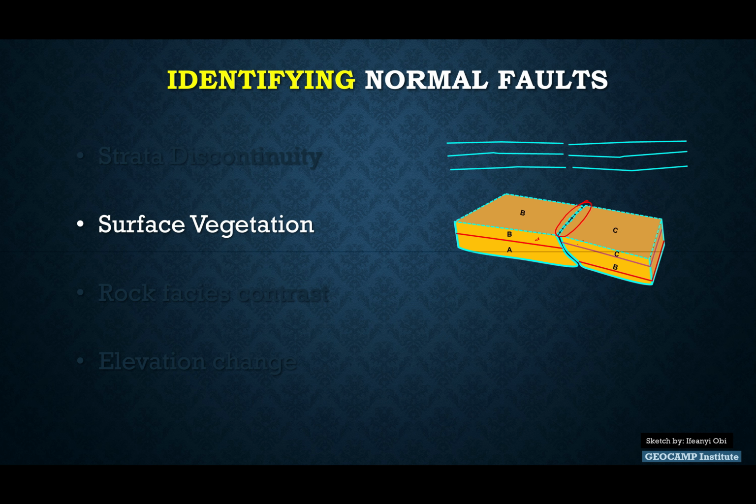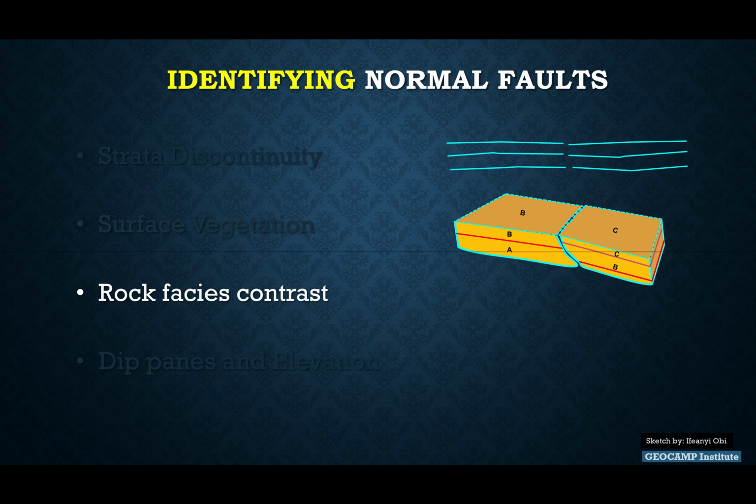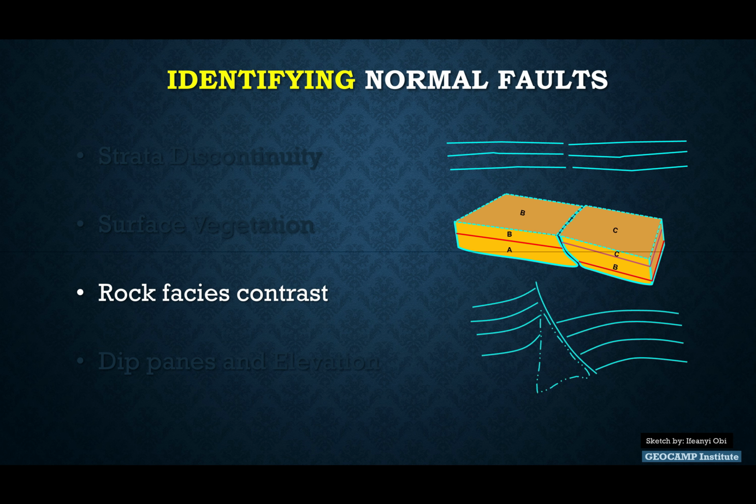So what I'm saying is, in general, an understanding of the distribution of vegetation in any particular outcrop, especially if you're standing on a flat surface, can give you a hint if you have an underlying fault plane that you really cannot see. One other element again will be rock facies contrast.